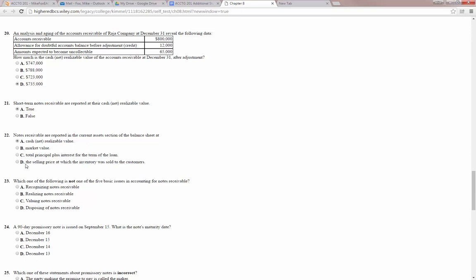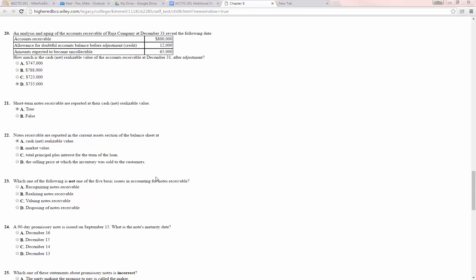There's not usually a market value on notes receivable. You don't factor in the interest or things like that. So we always record those notes at what we believe we're going to actually receive from them, which is the net realizable value.